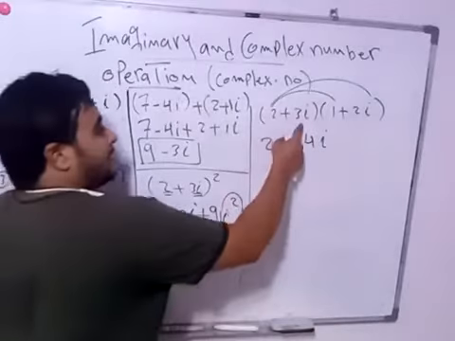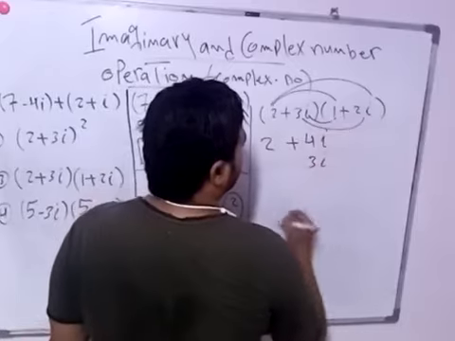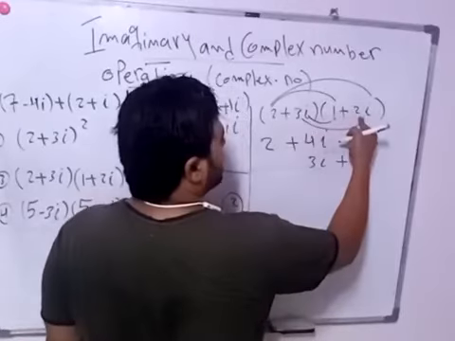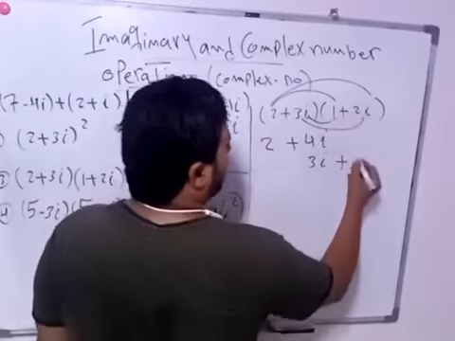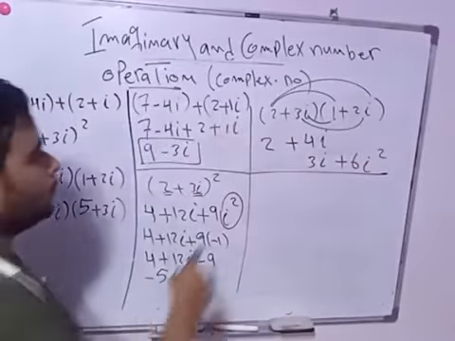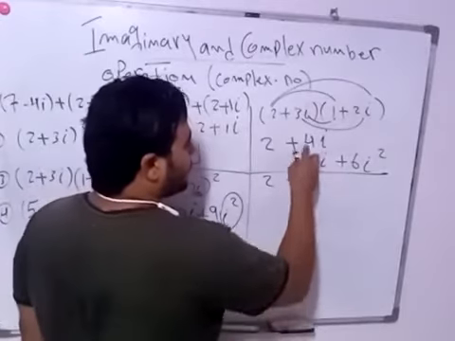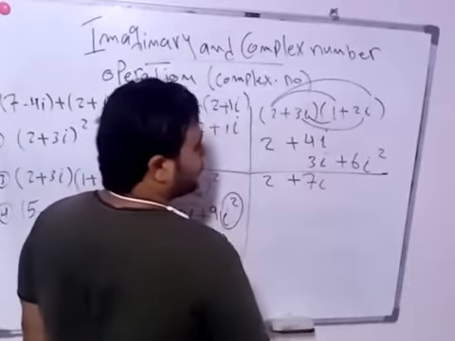The second term, 3i multiply 1, 3i. 3i times positive 2i, 6i power 2. And add 4i and 3i, 7i.